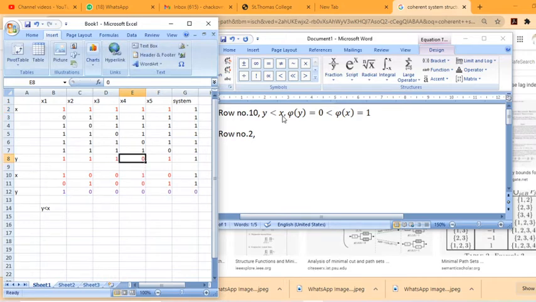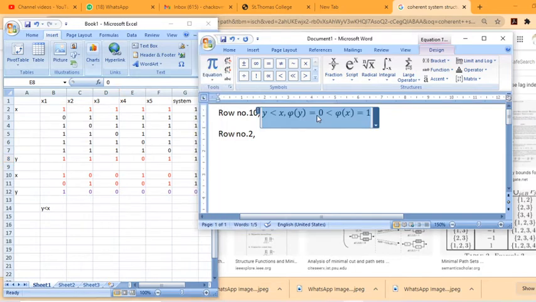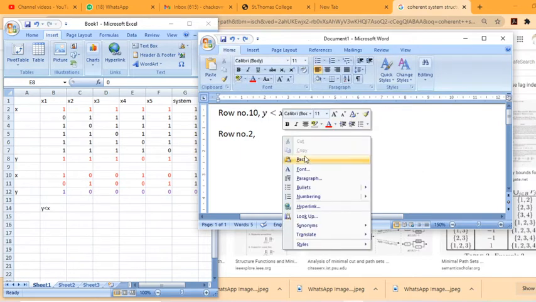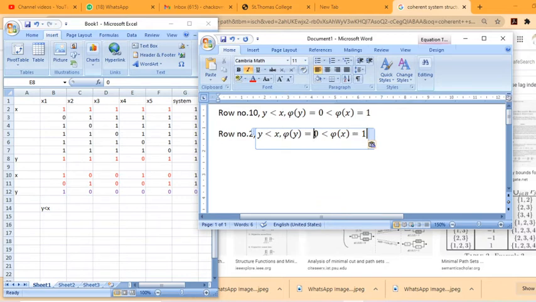In this case also y is less than x, but at the same time phi of y equals 1 and phi of x also equals 1. So we cannot say this inequality; it is exactly equal.